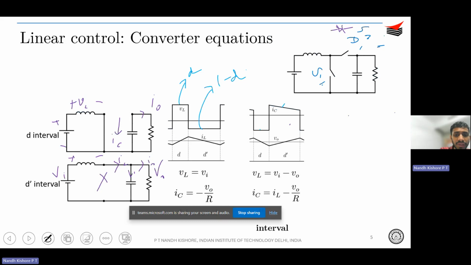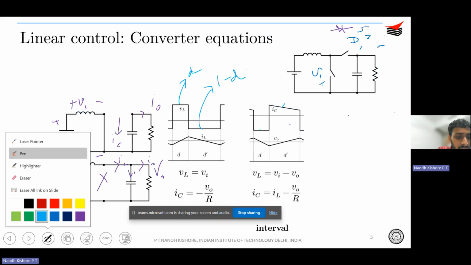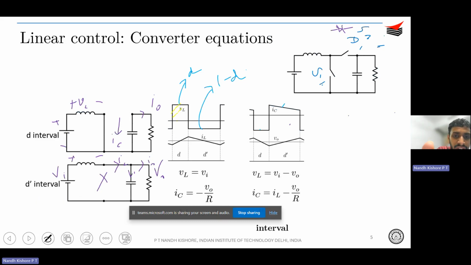And of course you know that when the converter is in steady state, the positive area of VL is equal to the negative area. Similarly, the negative area of IC is equal to the positive area. Only then do you call the converter in steady state, correct? So when do we say the converter is in steady state? Only when the positive and negative areas are the same, or they balance out.